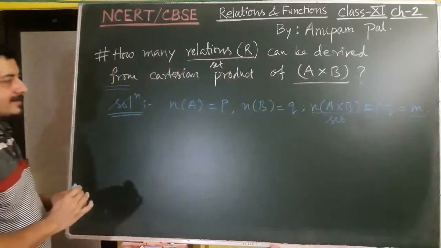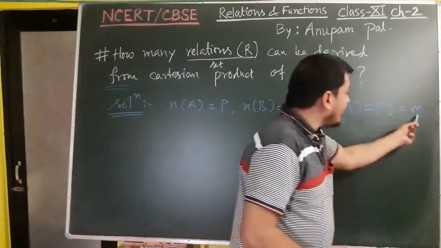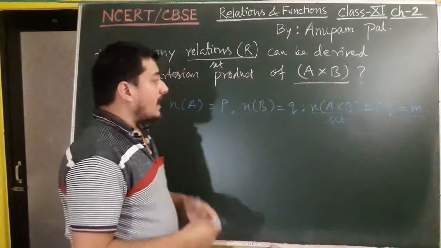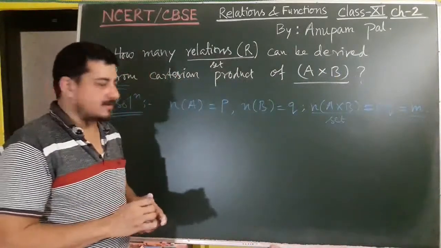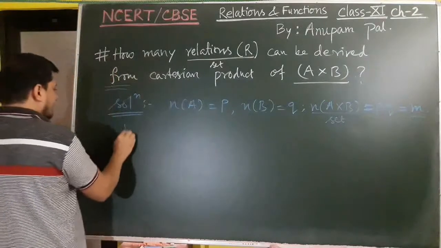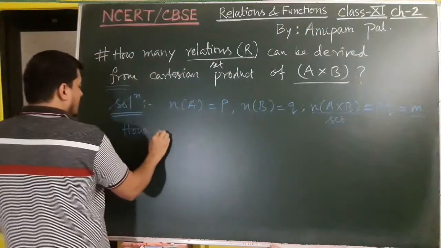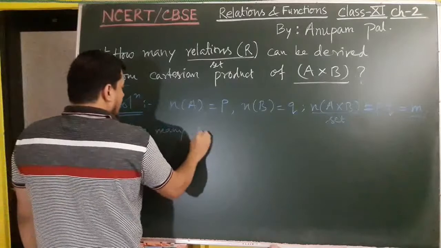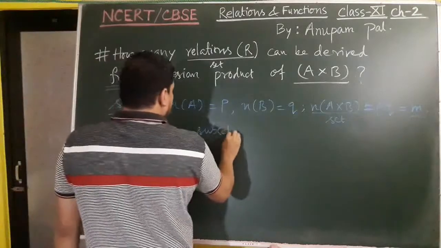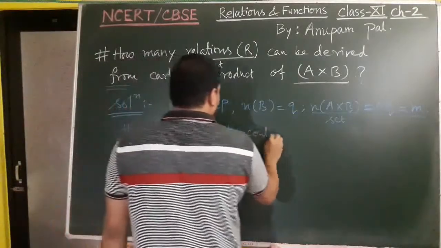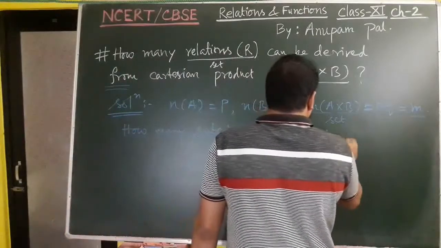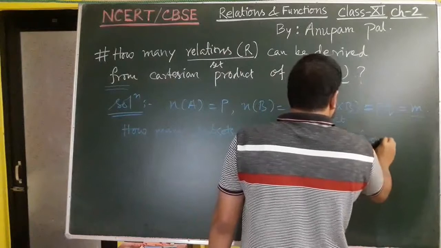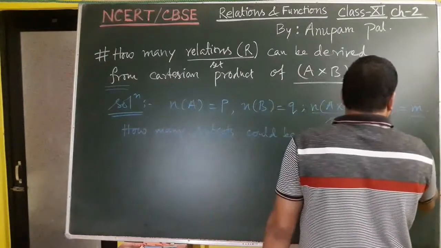Now, any set that has M elements, out of these M elements how many subsets could be constructed? How many subsets could be derived from M objects?